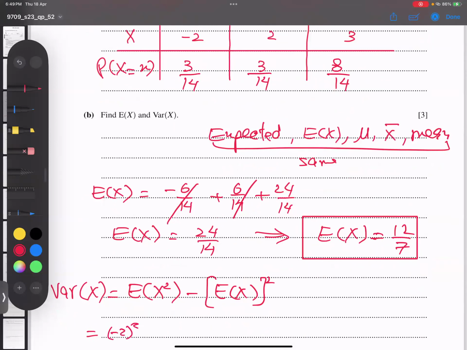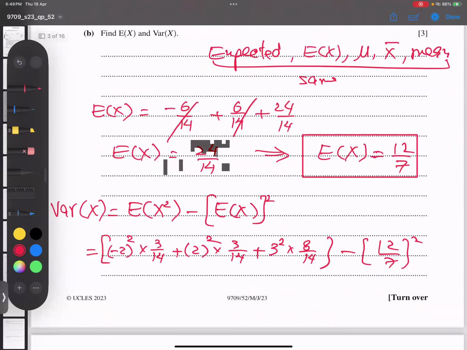So negative 2 squared into 3 over 14, plus the square of this number 2 into 3 over 14, plus the square of this number 3 into 8 over 14. This is the value of E of x squared. And further, minus the mean squared. I believe this is clear.